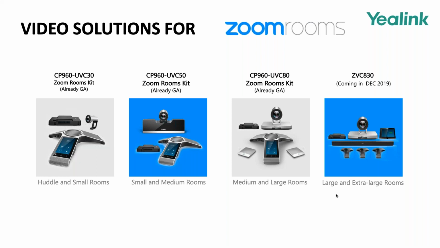The components that come with the product are a little different, more similar to what we've seen from Yealink on the Microsoft Teams side. Instead of the CP960, the ZVC830 incorporates a soundbar, wired microphone pods, and a color touchscreen control panel. So this is a new addition, an enhancement, if you will, to the Zoom Room kit.